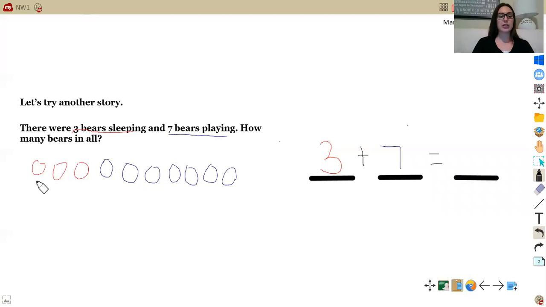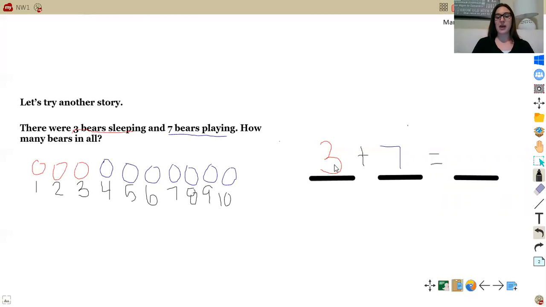And then to help me find my total, I'm going to label all of these bears. 1, 2, 3, 4, 5, 6, 7, 8, 9, 10.